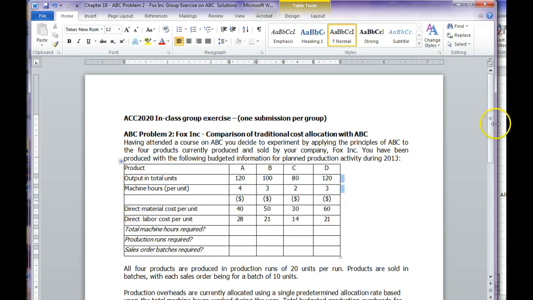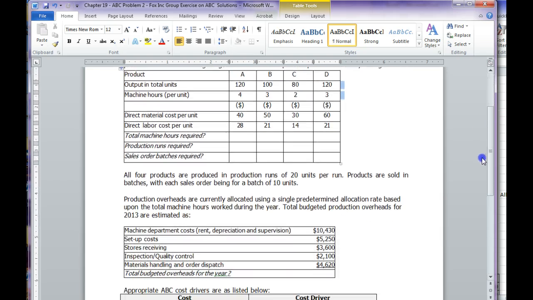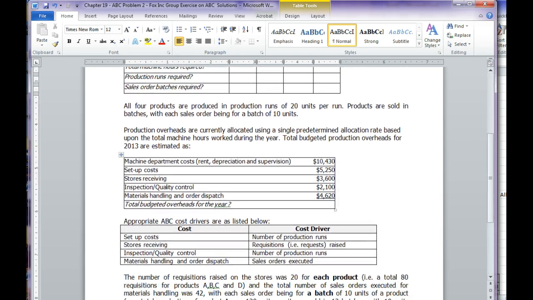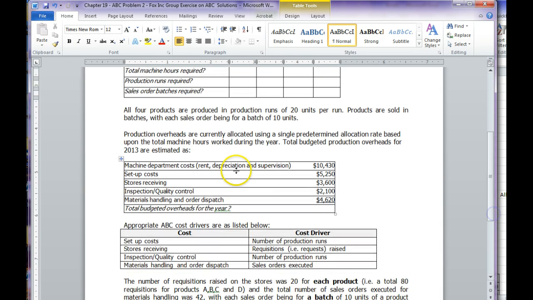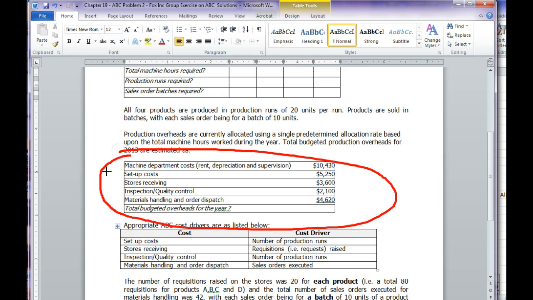Oh, there's my calculator. Okay, get rid of that. Production overheads. Remember we talked about direct materials and direct labor. Here all this is telling you is that these are your expected overheads. They're not going to just give it to you in a nice, neat, here's the number. They're breaking it down. Even in some of the more complicated problems, they'll throw direct material and labor in a table like this, and you've got to say, hey, wait, that's not overhead.